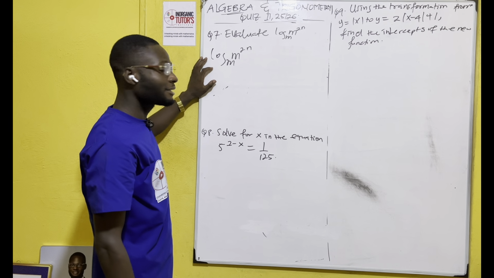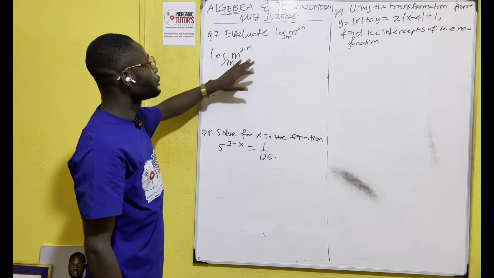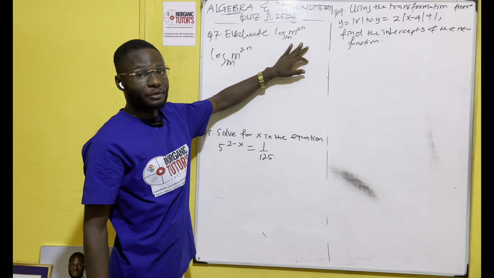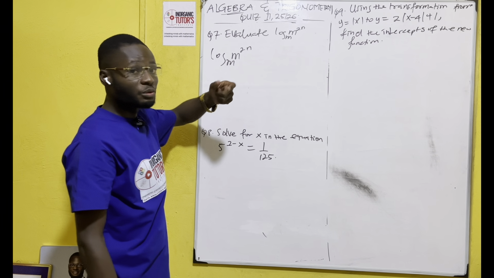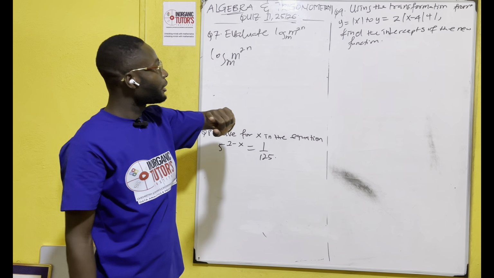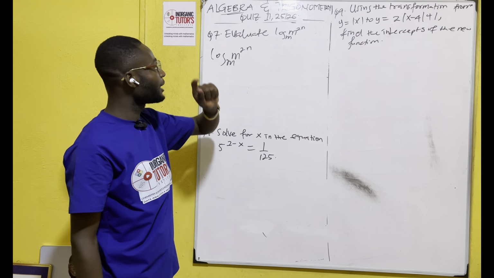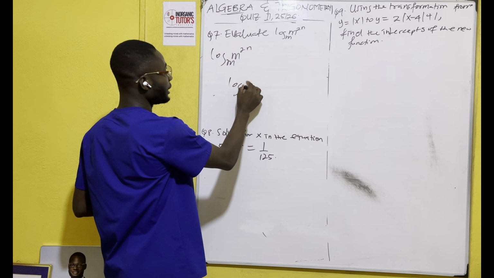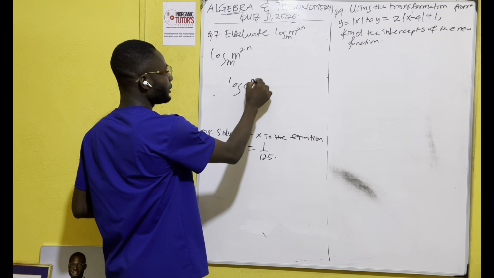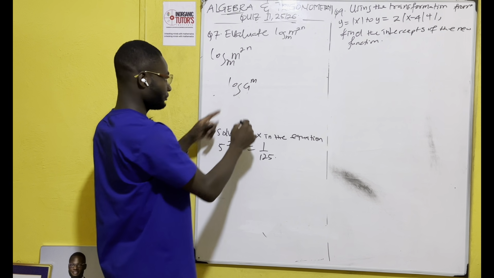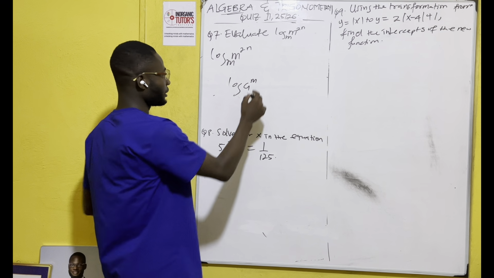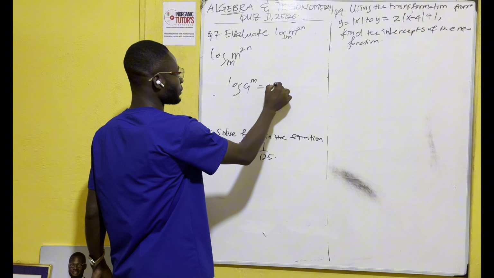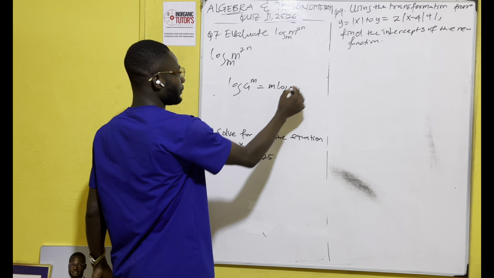Okay, so with question number 7, we are going to evaluate this log expression, right? Now, we have to recall the first property and the third property, where log a to the power m is equal to m log a, right?